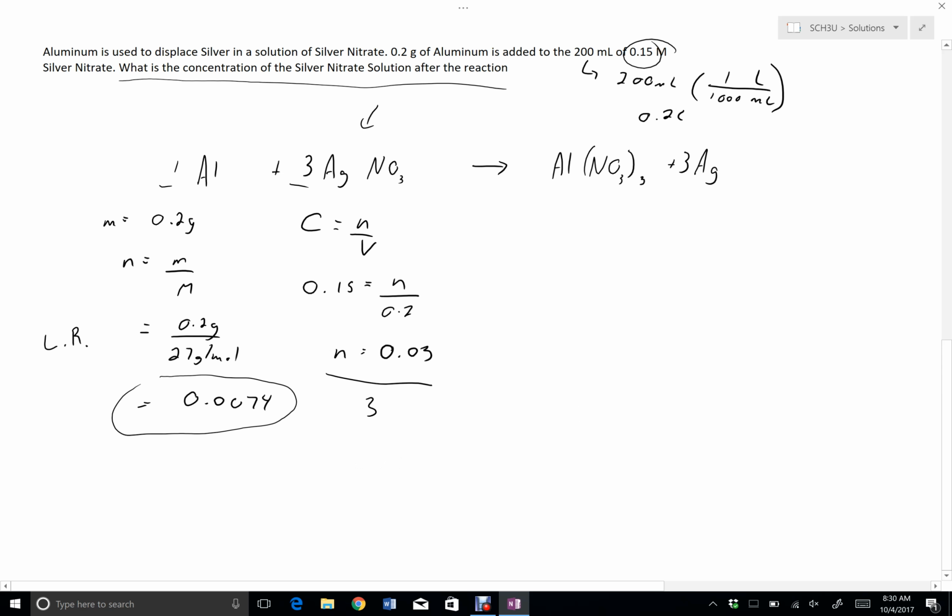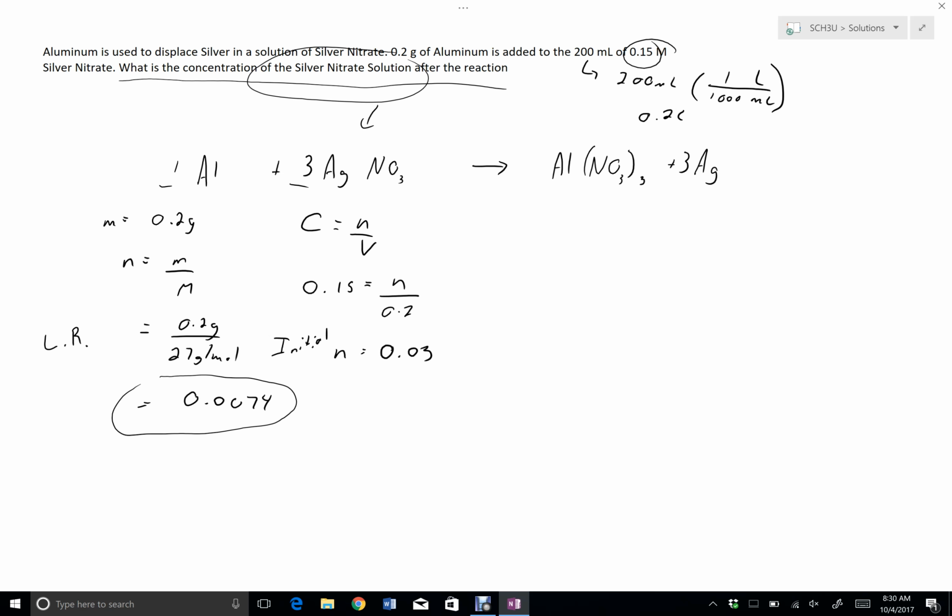Now, what the question asks is how much silver nitrate is left in the solution after the reaction. So what I'm going to do is use the 0.0074. So this is my initial amount of aluminum. I'm going to use this initial amount of aluminum to figure out how much of the silver nitrate will be reacted away during this reaction.